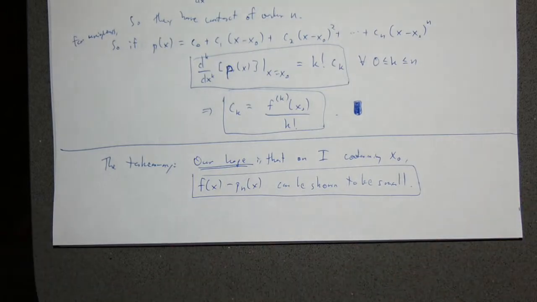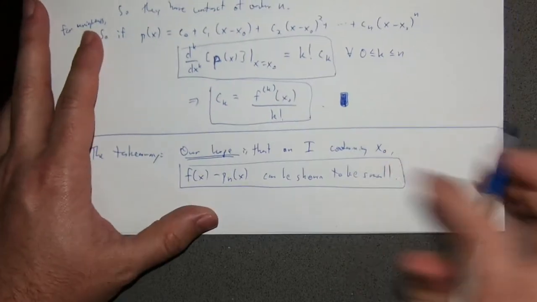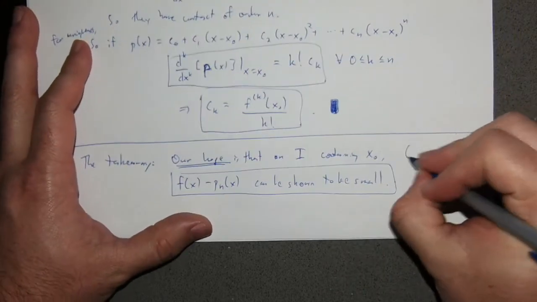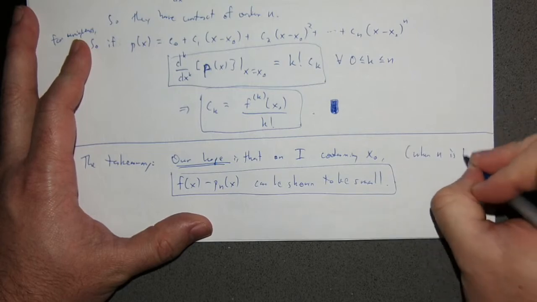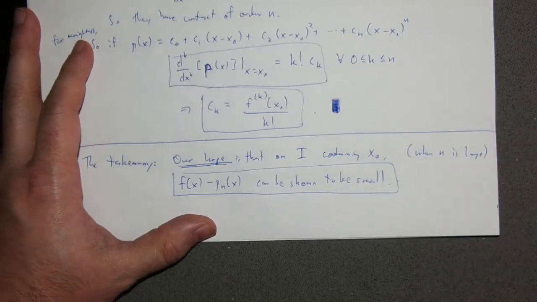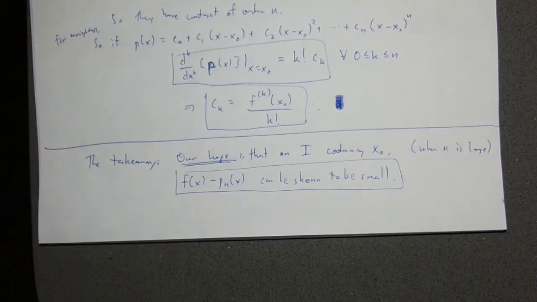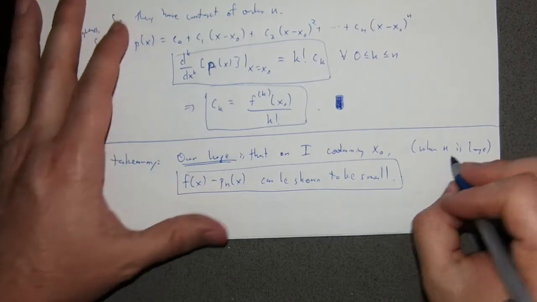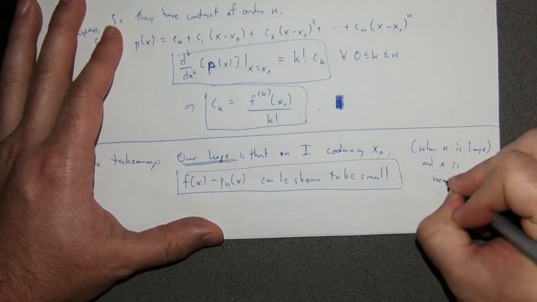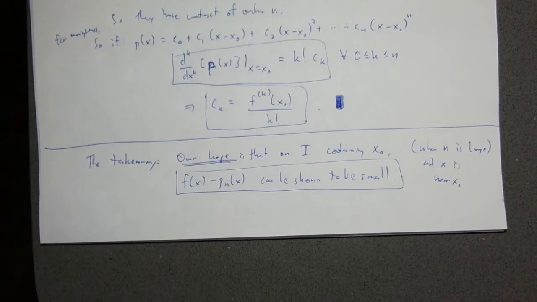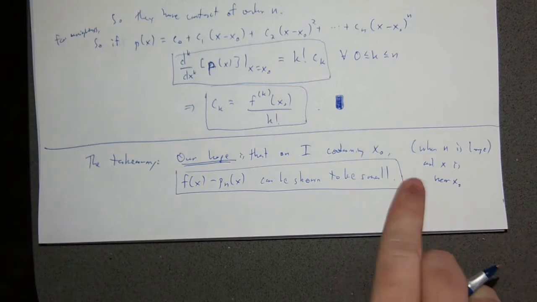If we can do this, we are very, very happy, especially when n is big, right? So ideally, this is when n is large or large enough. That's the idea. So when n is large and x is near x naught, which is what I said in words, but it helps to see it written out here.